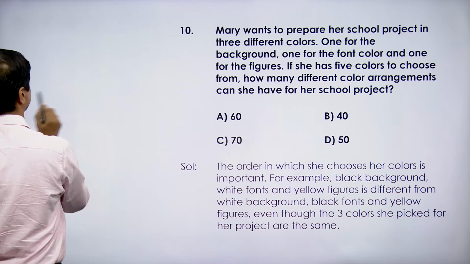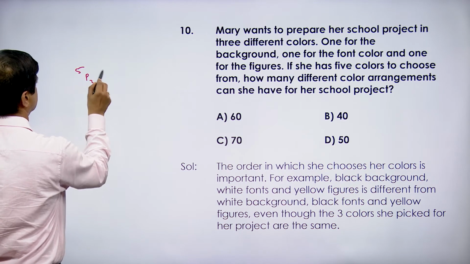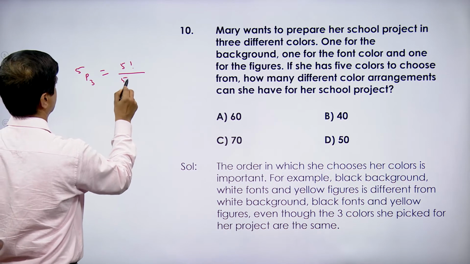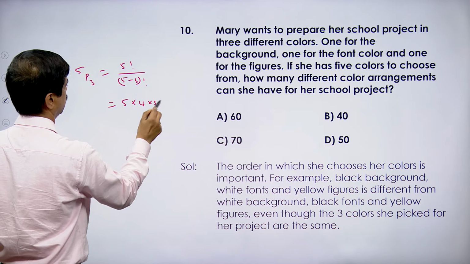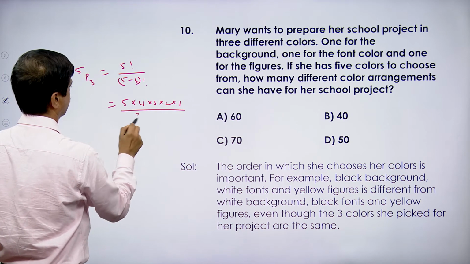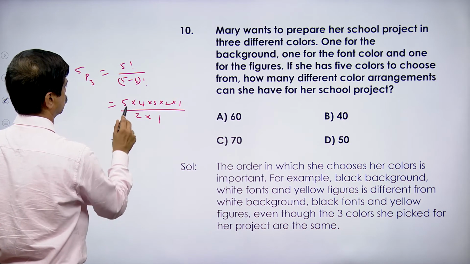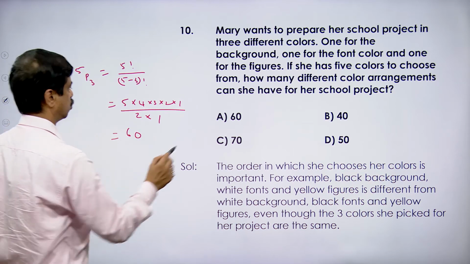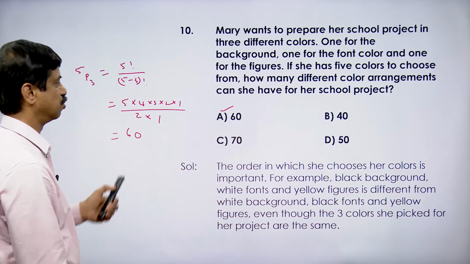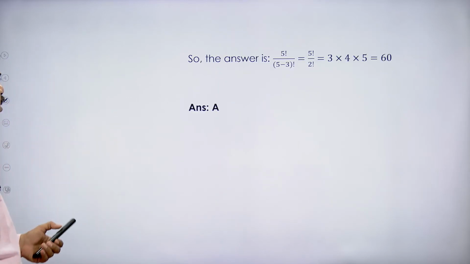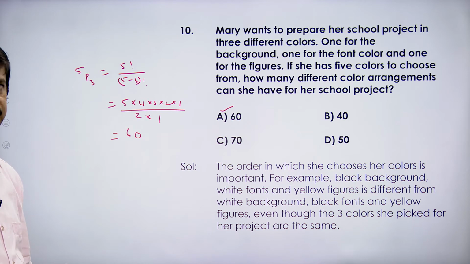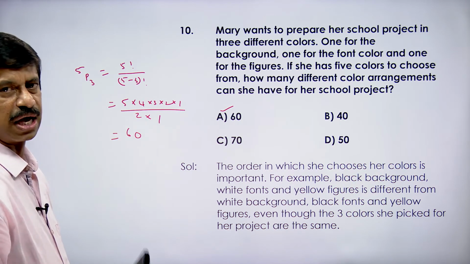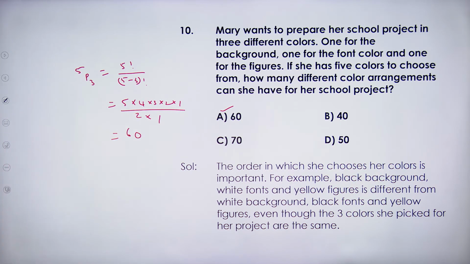So 5P3 is 5 factorial by 5 minus 3 factorial. So that is 5 into 4 into 3 into 2 into 1 by 2 factorial is 2 into 1. So 60 ways. So option A satisfies, children. Please note it fast. So that is what is the thing. So please note it fast, quick. Arrangements means permutations. Otherwise, if repetitions are not allowed, colors, then it is combination.